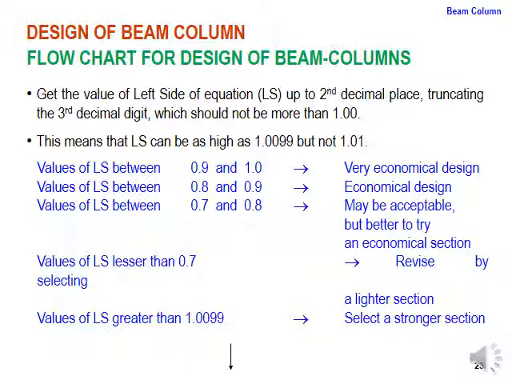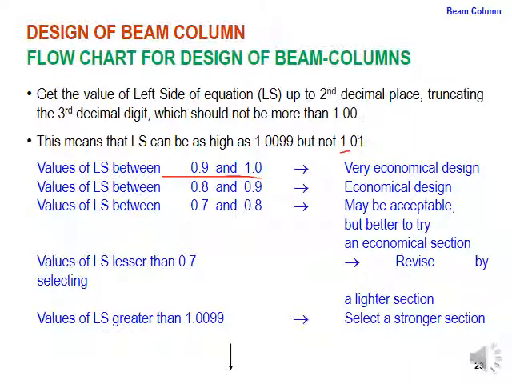Next step: if your answer is greater than 1, you have to revise your section in any case. But suppose your answer is less than 1; within that, there are categories. When your answer of the interaction equation is between 0.9 and 1, what comment will you give at the end?